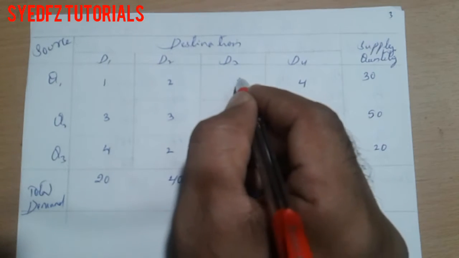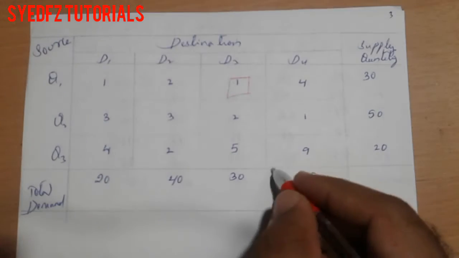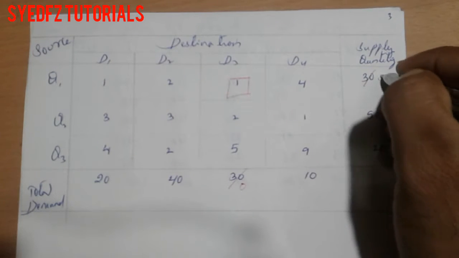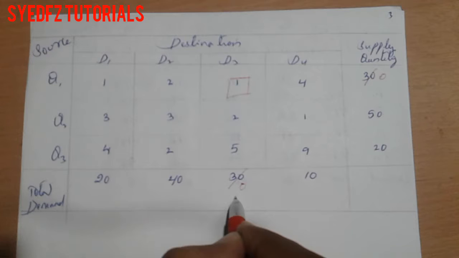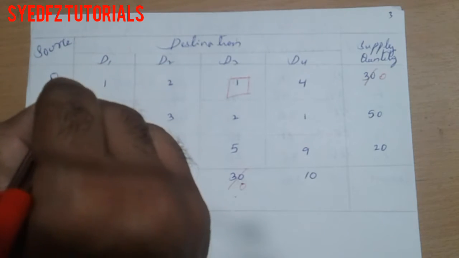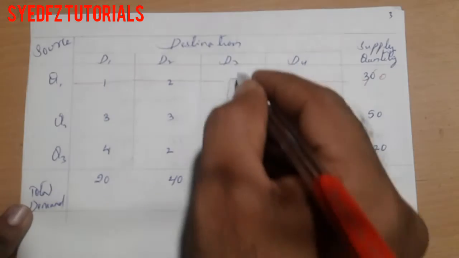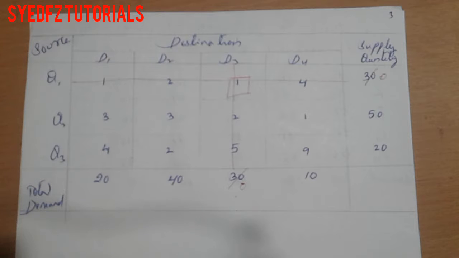Now we start from this cell. 30 is the demand, 30 is the supply, so 0 and 0. Total supply is over and total demand is over, so we eliminate this row and column.